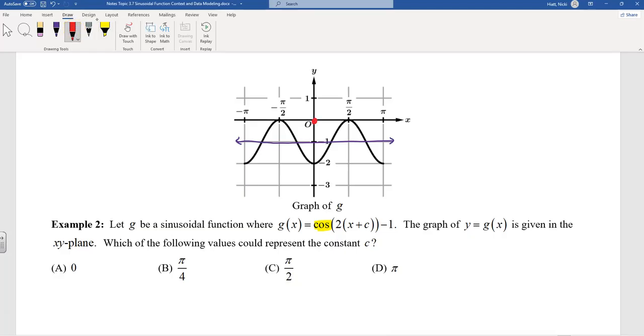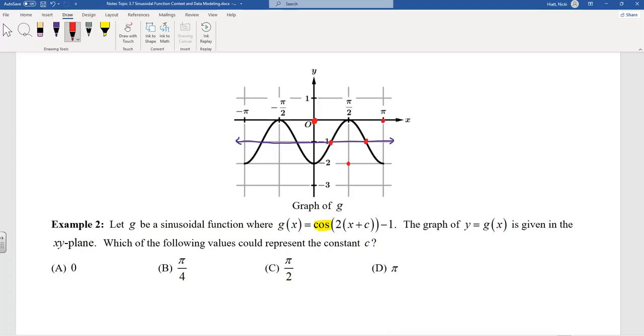Cosine would, though, so I like to just draw this in. And you're going to go in increments of 4 here. You go from maximum to midline, so the midline is going to hit here, and then minimum, midline, maximum.